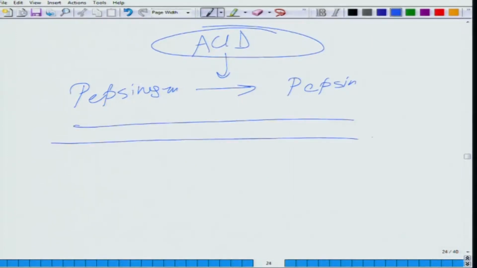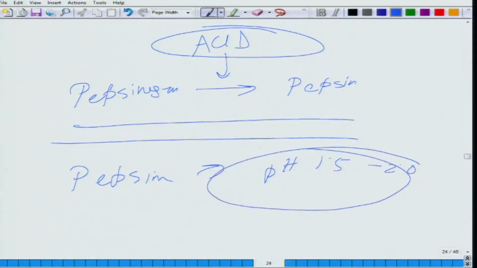Essentially this pepsin functions most effectively at the pH of 1.5 to 2. That is the zone where its activity is maximum.